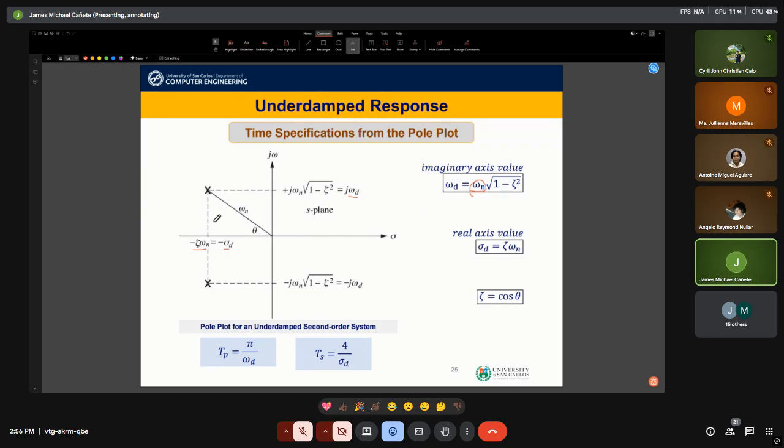To get zeta, you just take the angle of the line projected from the origin to this point. The cosine of the angle between the horizontal axis and this projected line is the damping ratio. So those are the additional formulas we need to recall to solve for time specifications from the pole plot.